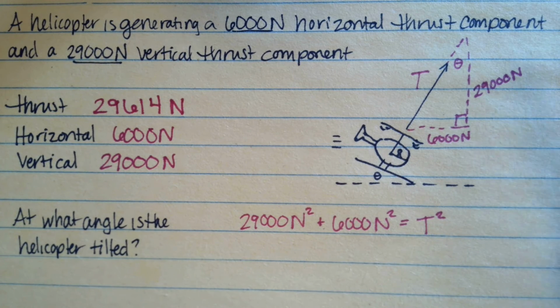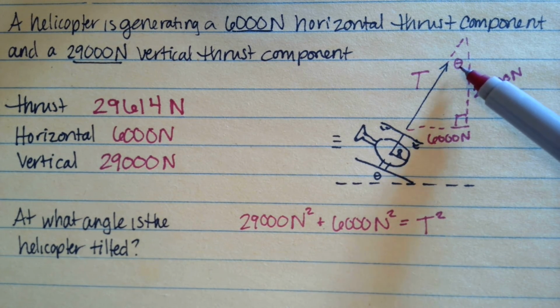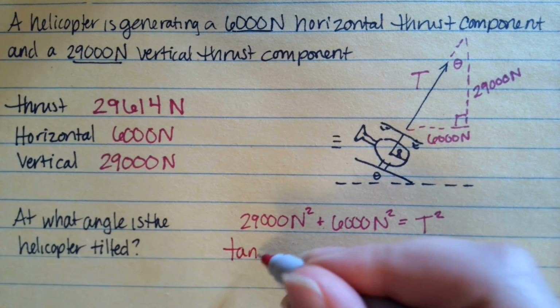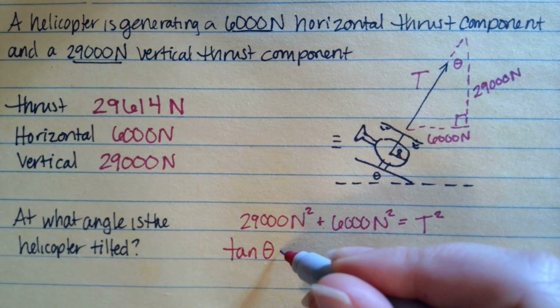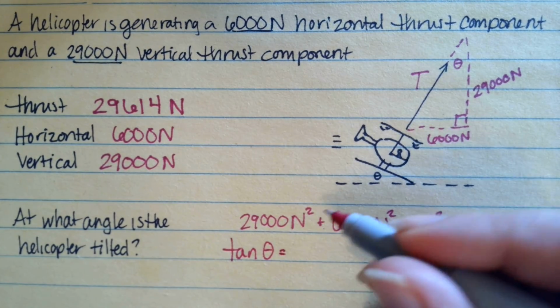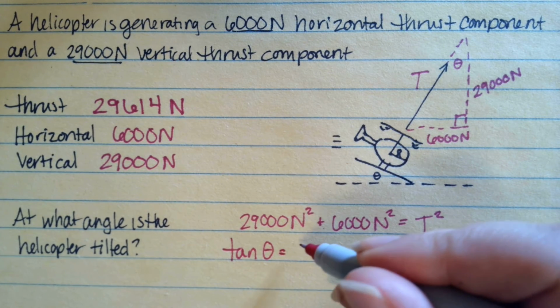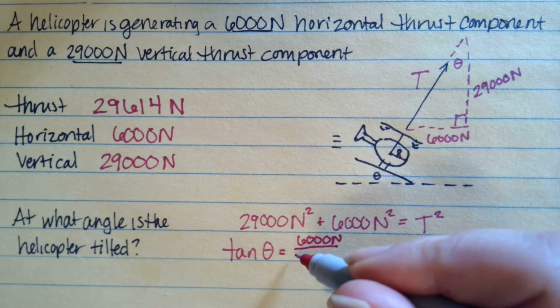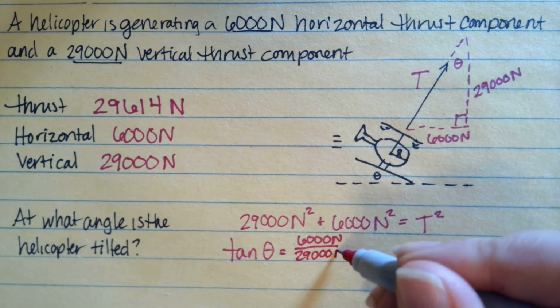But this is the other part, going backwards to find this angle. So here's my angle. I have the adjacent side and the opposite side, so I'm going to use a tangent. Tangent of the angle theta, which is our unknown, is equal to the opposite side over the adjacent side. So 6,000 newtons over 29,000 newtons.